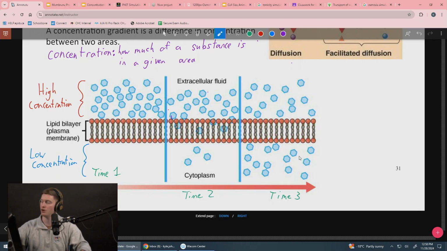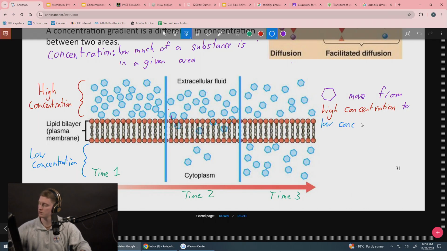This is movement along a concentration gradient. So the particles, these hexagons, move from high concentration to low concentration until concentrations on either side of the membrane are equal.